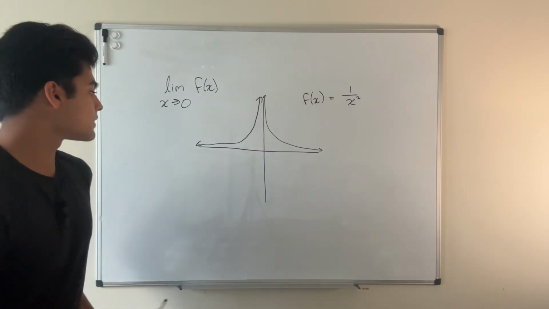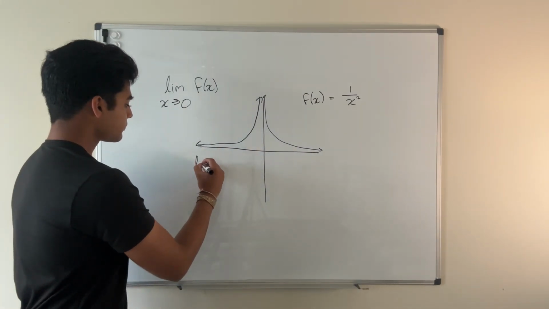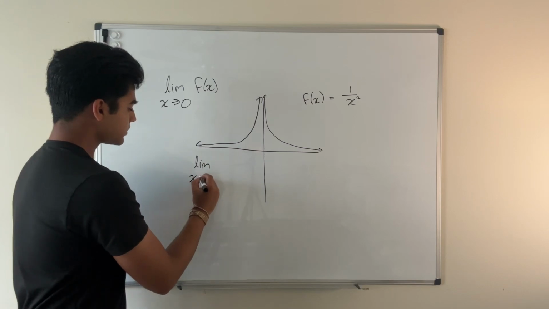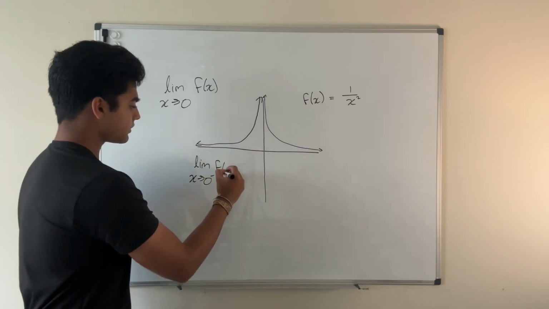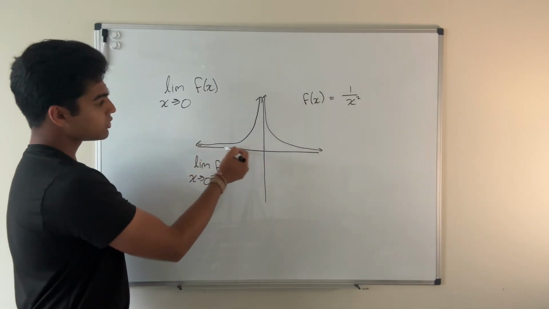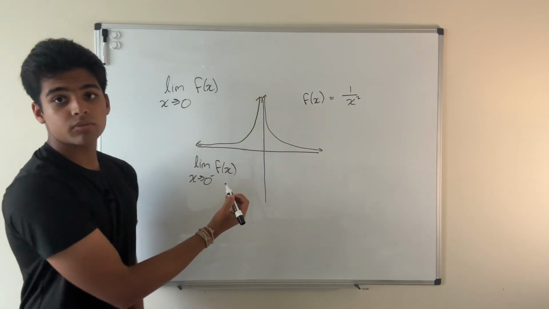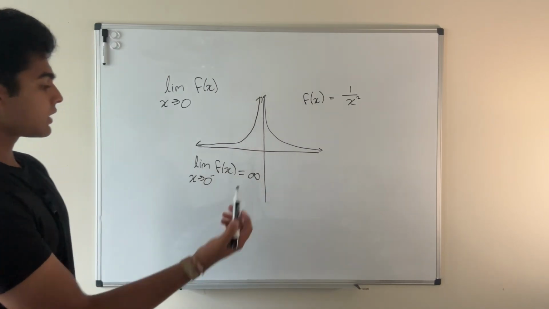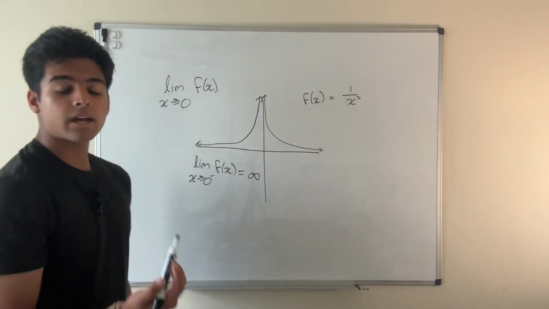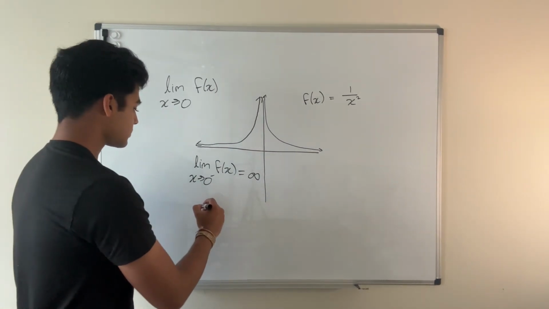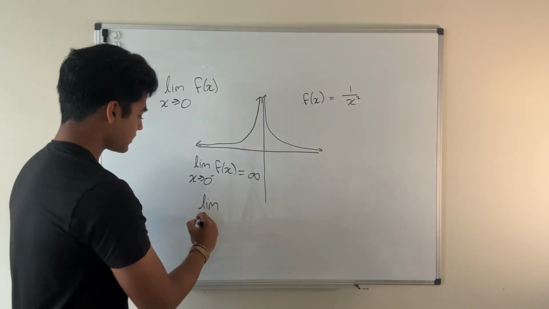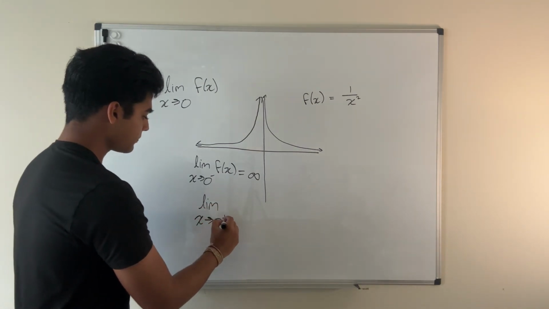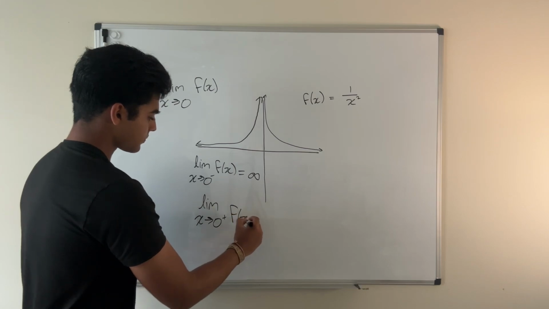So now we'll do the same thing. First we'll find the limit as x approaches 0 from the negative side of f of x. Here we can see that it's approaching positive infinity as we approach 0 from the left. So this is going to evaluate to infinity. And now we'll do the same thing as we approach 0 from the right. The limit as x approaches 0 from the right of f of x.